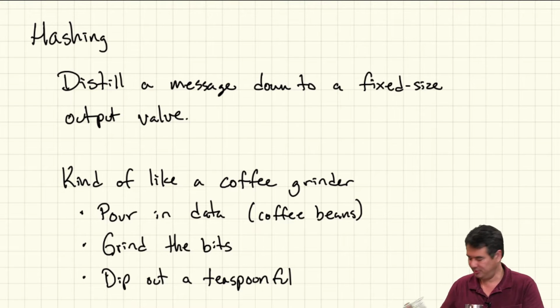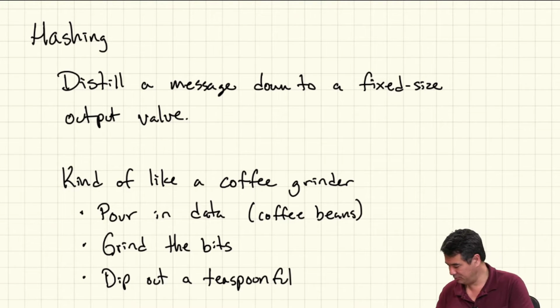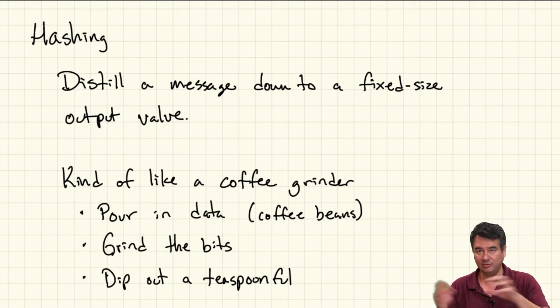And then you open it up, and you take a teaspoon and reach in there and pull out a little bit of data. And this is your hash value right here, what I've got in the spoon. That's your hash value. Out of all the data that I poured in, I took out only a little bit of it after it's been all ground up.